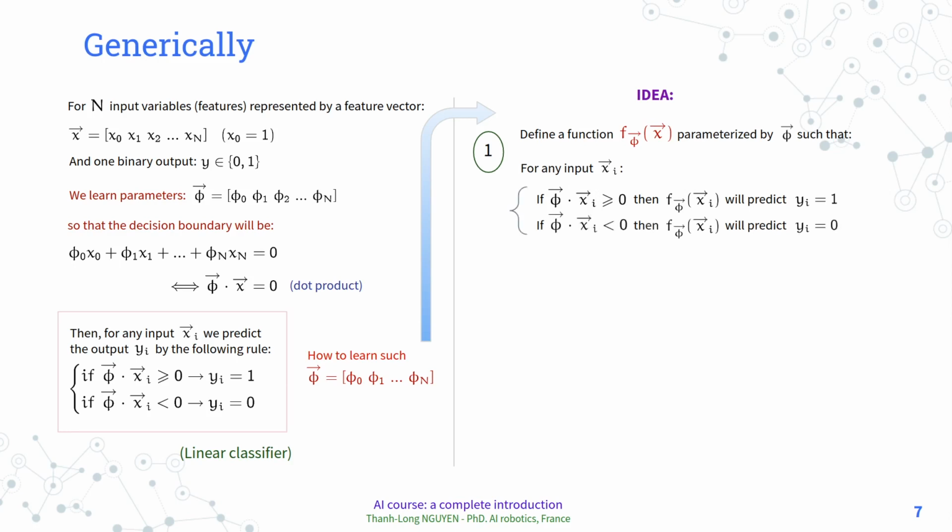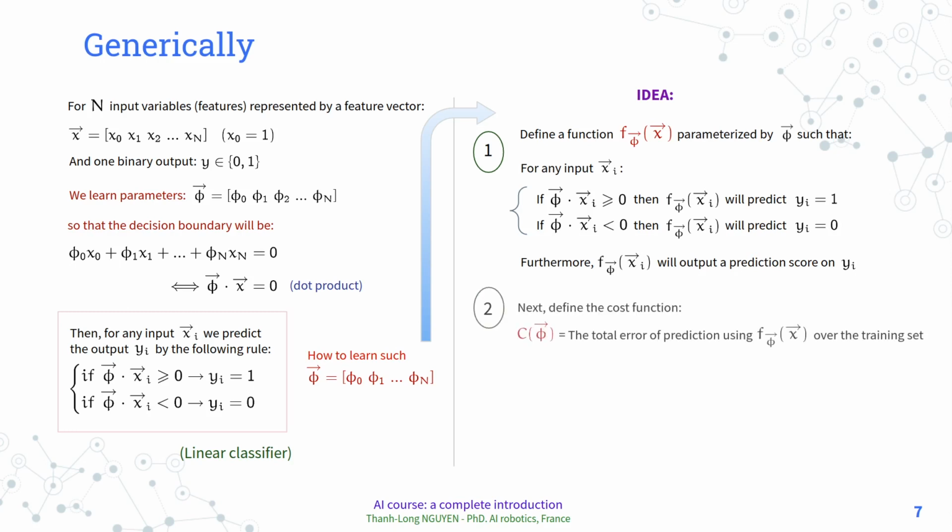If phi.xi is less than 0, then f of xi will predict yi as 0. Furthermore, f of xi will also give a prediction score on the output yi. From that, we can evaluate the certainties of the decisions.